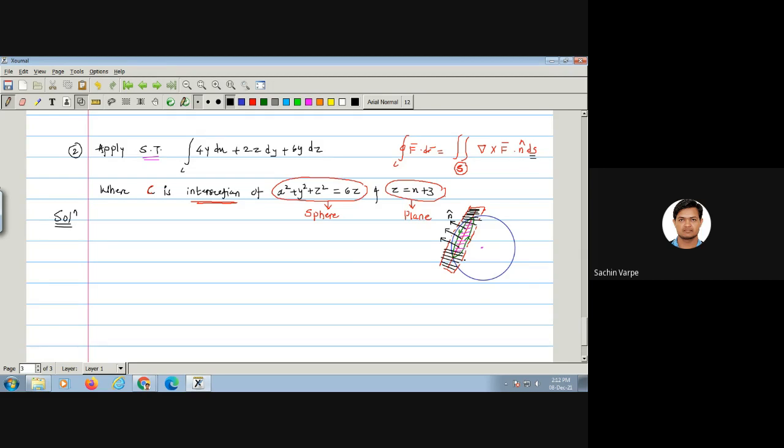That is nothing but the plane, no? So if we call that plane a surface, then what will be the normal to this surface? Its gradient. We have seen in vector differentiation, the normal to any surface phi is its del. Del phi will be the normal to this surface. Yes or no?